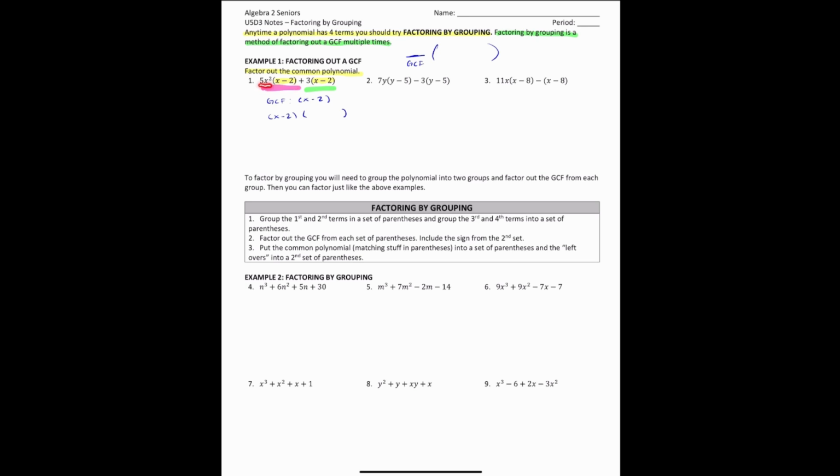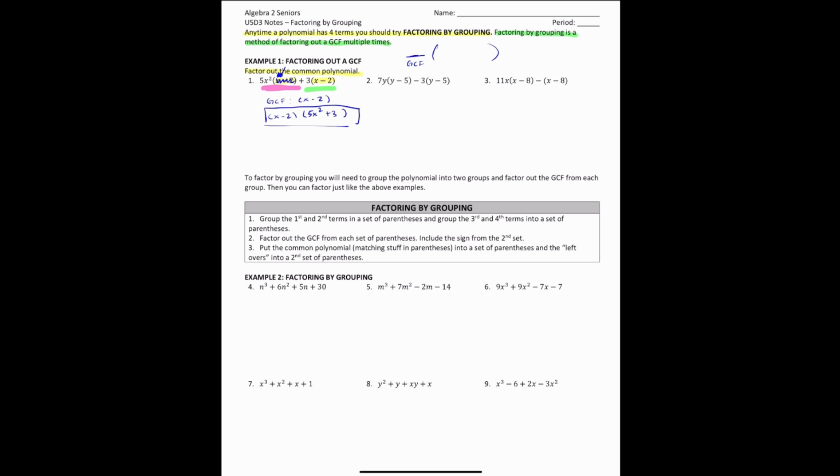Since we factored out the x minus 2, we have 5x squared left in this term here, right? So I'll just write 5x squared. Okay? So x minus 2 times what gives you 3 times the quantity of x minus 2? That would be x minus 2 times 3. Okay, so 3 is left over. So your answer is x minus 2 times the quantity of 5x squared plus 3.